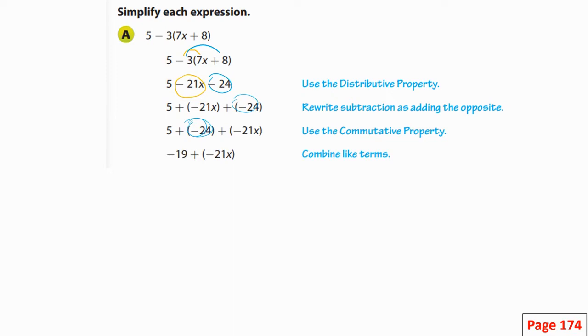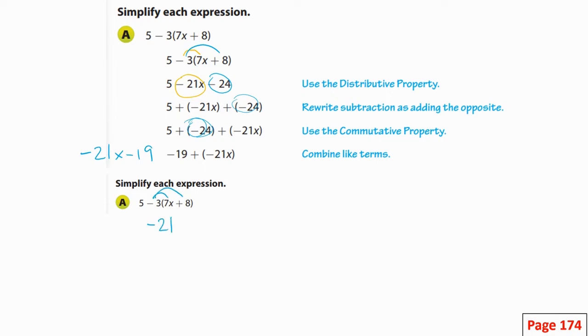And usually, I mean, this would be fine. But I'll just say that many times in algebra, your teacher will say, well, we want negative 21x minus 19. We want the variable term coming first in our answer. But both will work. What I usually do is I'll just jump in and say, well, negative 3 times 7, that's negative 21.